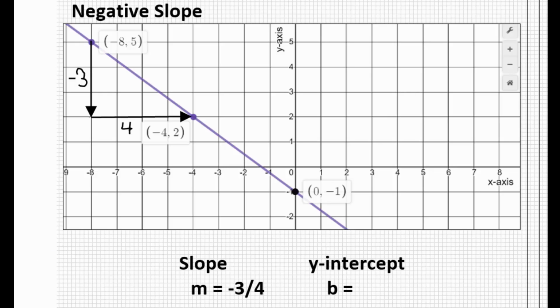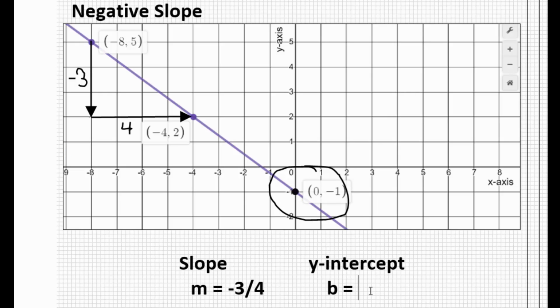So again, I'm looking for where does the line cross the y-axis, and I see that happening right here, where the y-axis is -1, the line goes right through it, so that is my y-intercept. Again, we see the ordered pair 0, -1, so when x is 0, y is -1, which tells me that is the value where it crosses the y-axis if I'm just looking at an ordered pair.